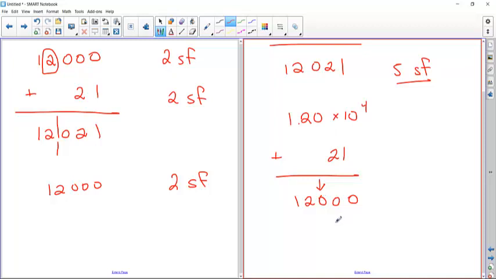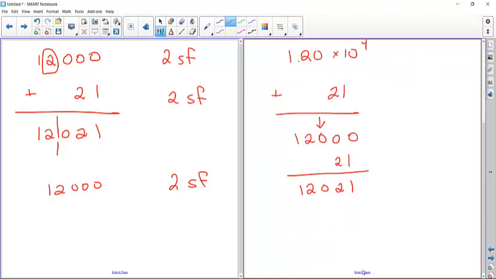Is that right? So I'd add these together. I'd still get 12,021, but again, this 21 wouldn't count. So I would rewrite this back in scientific notation to get the right answer, because if I just wrote it as 12,000, then I'd lose the significance of this one extra digit. So it's a little tricky under those circumstances.